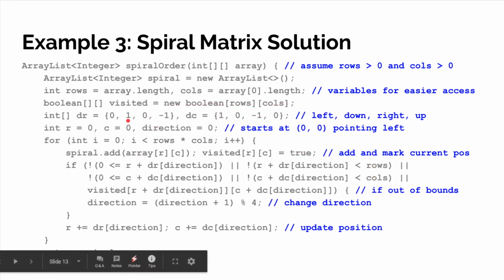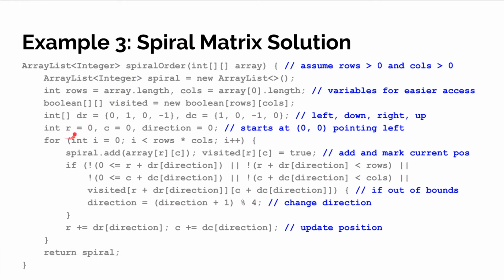And then iterating through the next one, we would see it move from this way to this way, and so on. And finally, we would set our current row location, current column location, and the direction we're going in. So the direction here would actually be the index of the dr and dc arrays that we are going to be accessing.